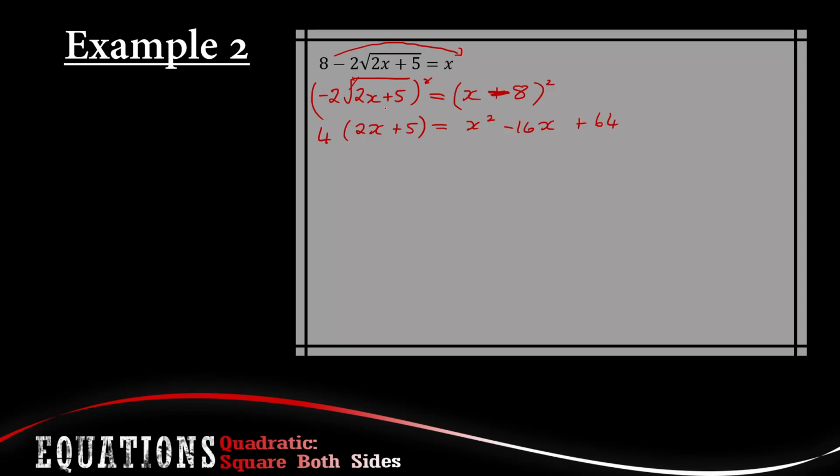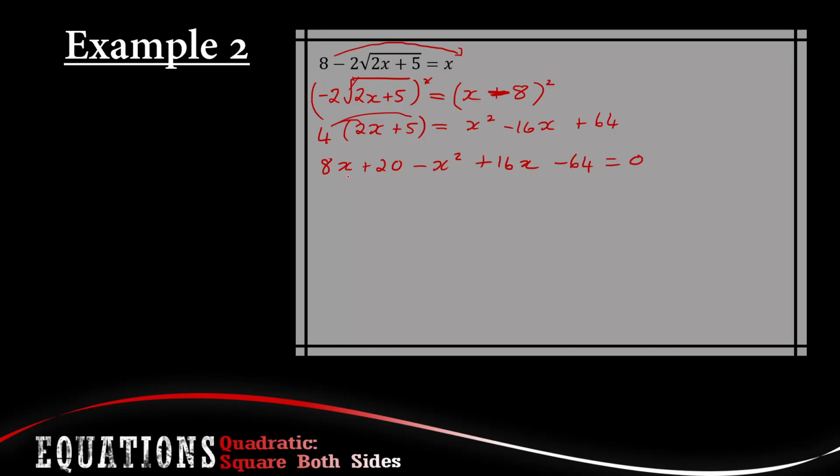All right, and then what I'm going to do now in one step is multiply out these brackets, and I'm also going to bring these terms from the one side over to the other side. So this is 8x plus 20 minus x squared plus 16x minus 64 equals 0.